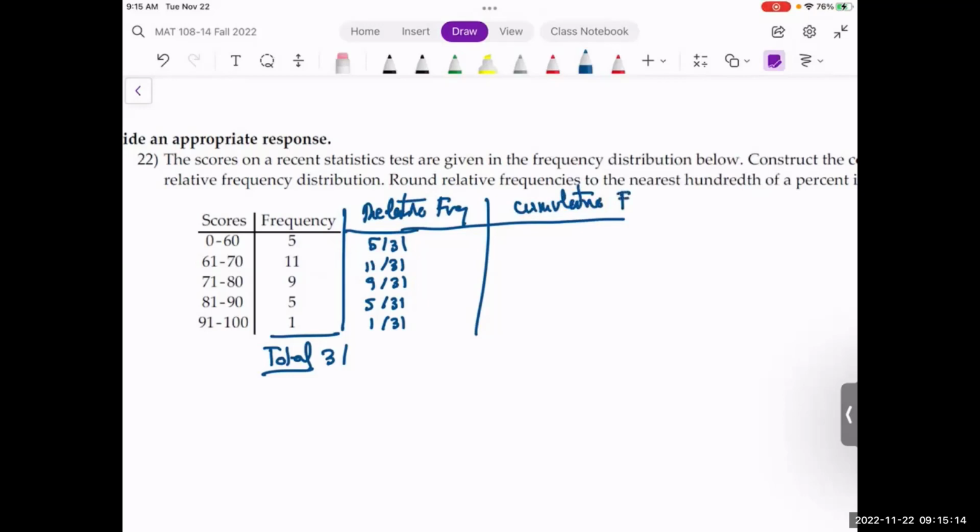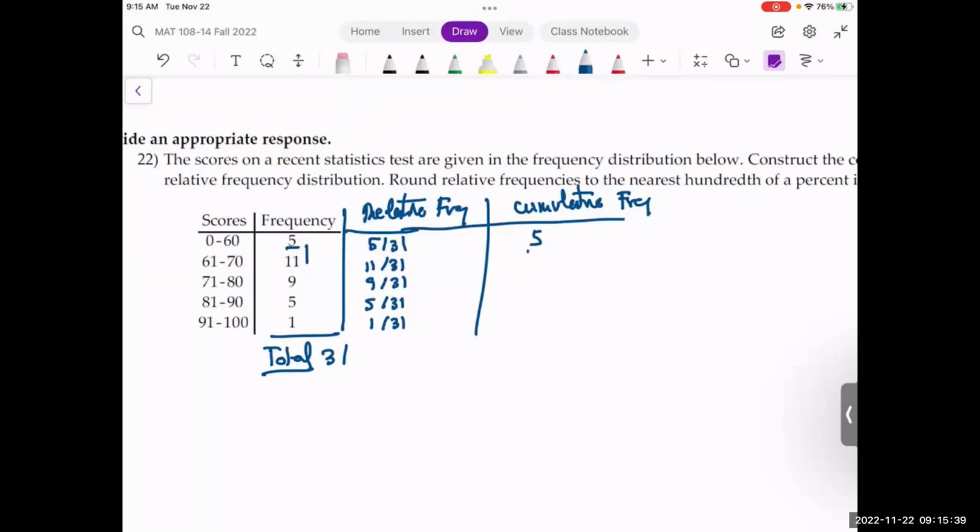What are the cumulative frequencies? So there is a regular frequency, there is a relative frequency, and there is always the cumulative frequency. So what is the cumulative frequency? You just put the 5 here in the beginning, and then you add 5 and 11.